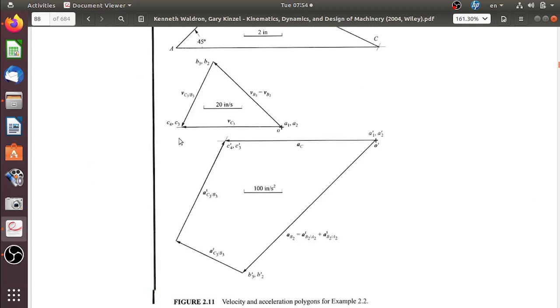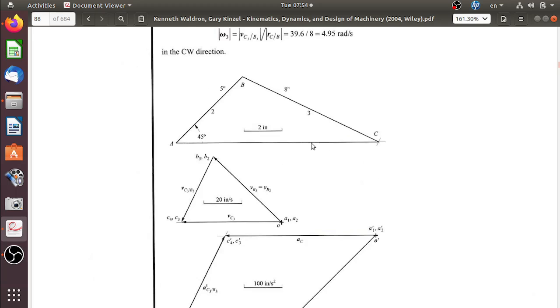Where this line and the line which I drew from this point meet is the point where we have C3 prime and C4 prime, and this distance represents the acceleration of point C.